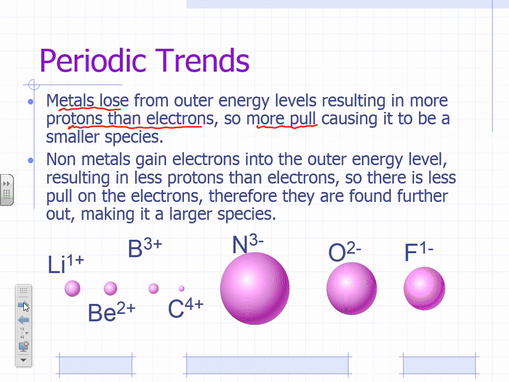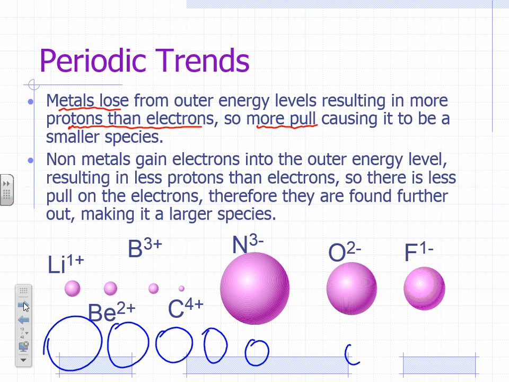In the image here below, the original size of the lithium atom is probably that. Beryllium, there's boron, there's carbon, there's nitrogen, oxygen, fluorine, progressively getting smaller as you go across the period. So you can see here that the lithium atom is much larger than the lithium ion. In fact, the lithium ion has formed as a result of losing the outer shell electron.